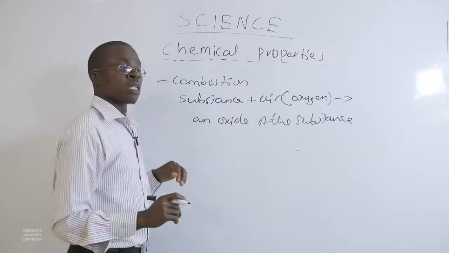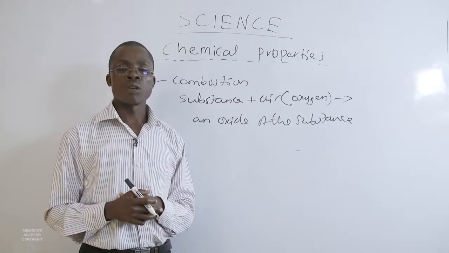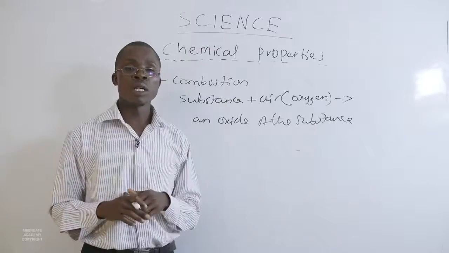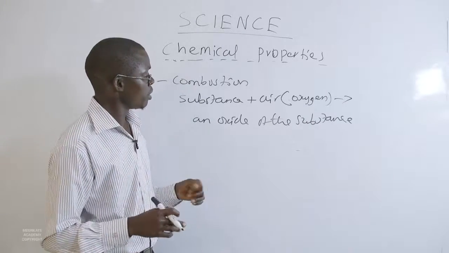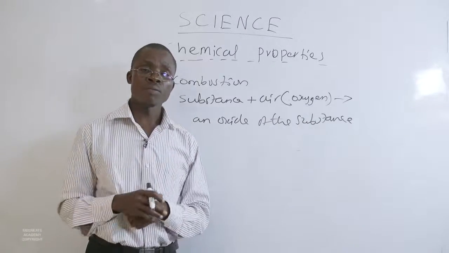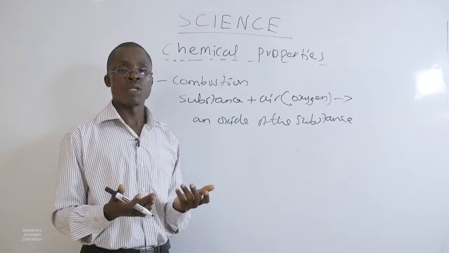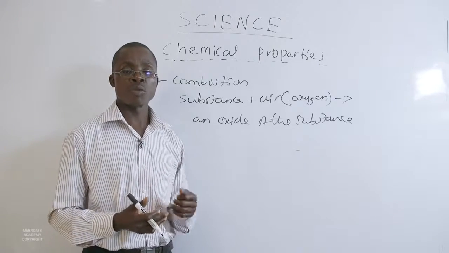Now these oxides can be in different forms. The oxides can always be in different forms depending on the substance that is undergoing combustion. Maybe it's good we give an example here. If you have wood, you are burning wood, which is the same as paper. Remember, paper comes from wood.